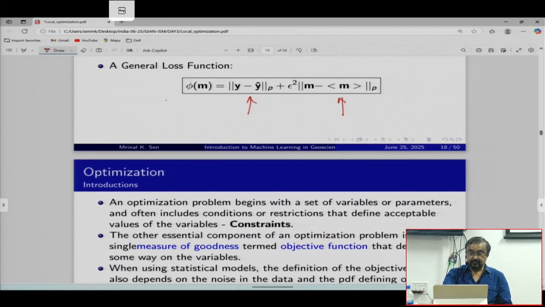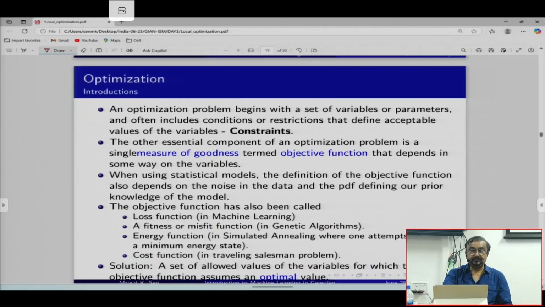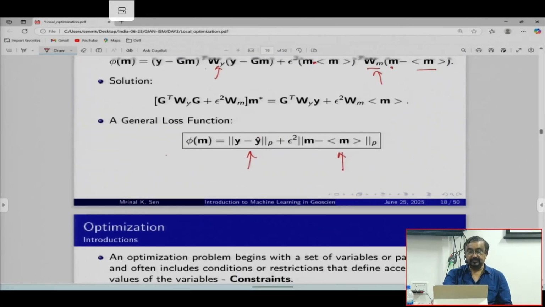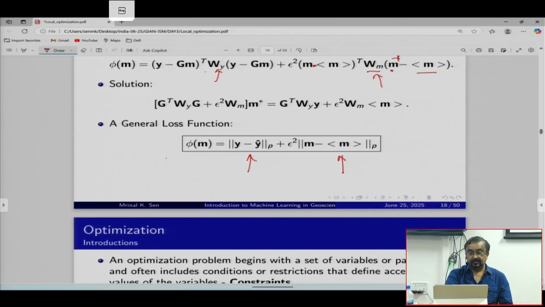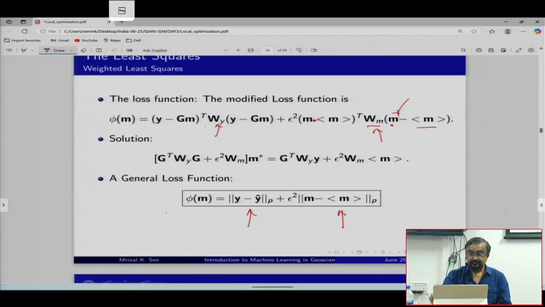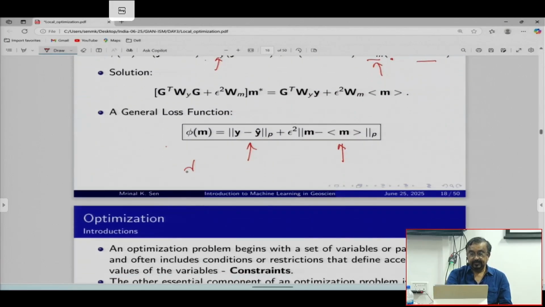Okay. So what is optimization? Now we'll go into the nonlinear problem. So in the nonlinear case, your loss function would be (d minus Gm) transpose (d minus Gm). And here I have chosen this G, which is not a matrix anymore. Okay?